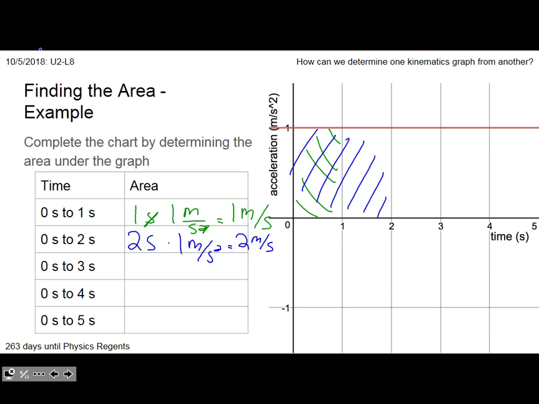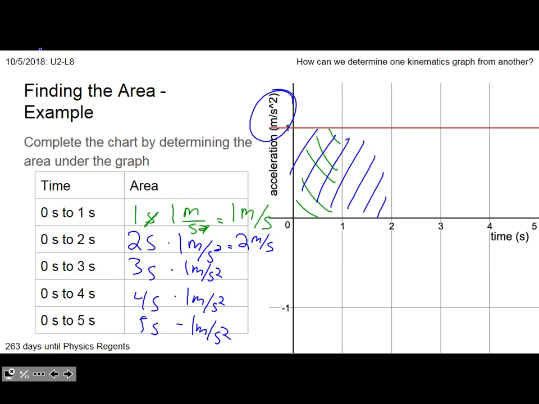What would be the third one? And why is it 3? Which of those numbers is changing? The width or the height? The width, right? So this is 3 seconds, then 4 seconds, then 5 seconds. But the height, because it's a rectangle, stays the same. We're reading it right off of the graph.